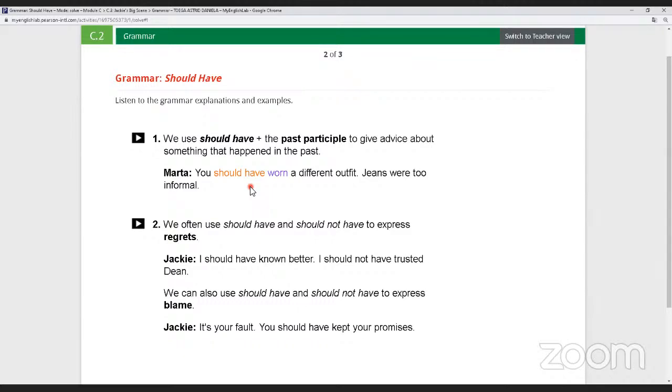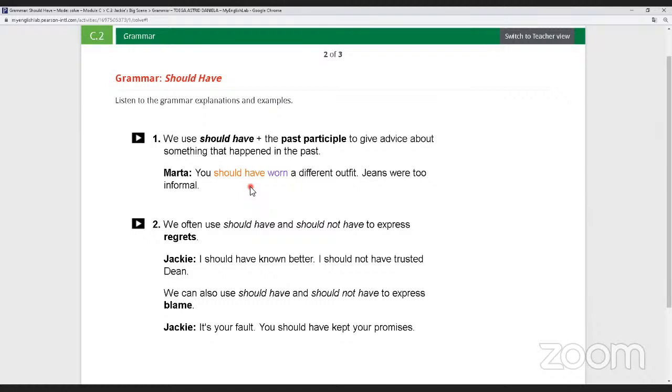Now I have to give you advice, maybe for the next time that we have a similar dinner. So my advice is going to be, oh, Astrid, you should have worn a different outfit. Jeans were too informal, and it was a formal dinner with our boss or colleagues.